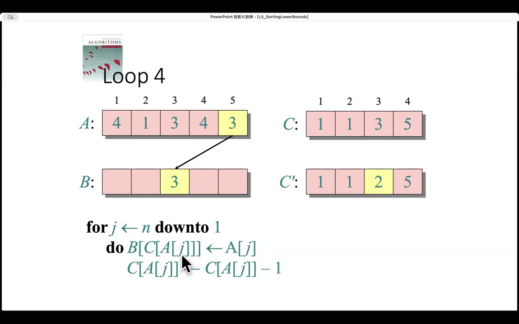And after this copy, you decrement this value 3 by 1, because you have done one 3. So after that, you can disregard this number. For the rest of the numbers, you only have 2 numbers that are smaller or equal to 3.